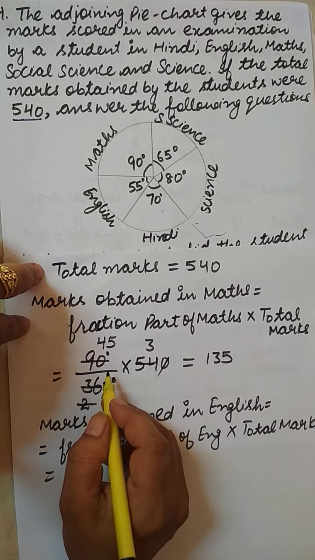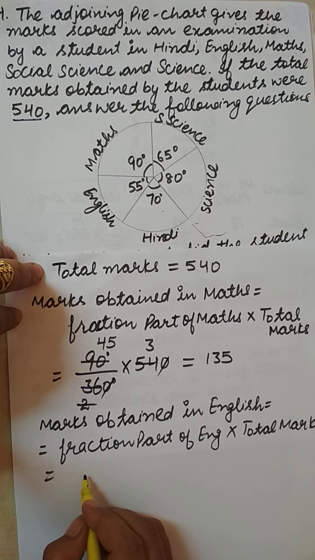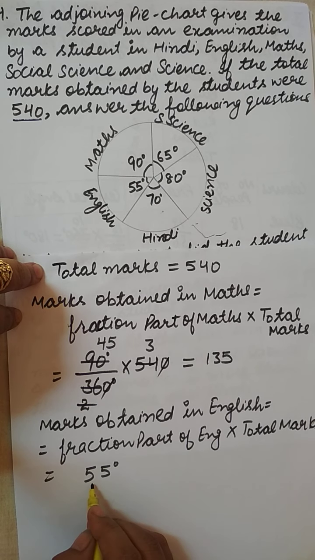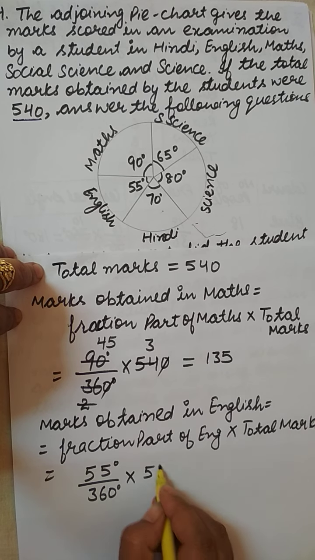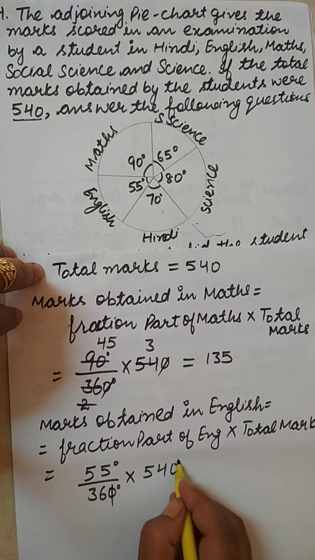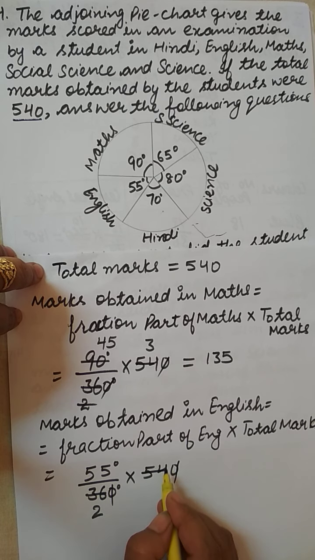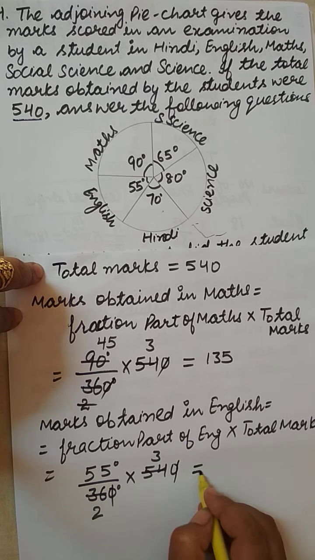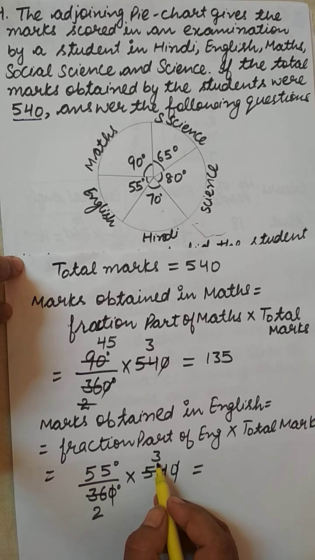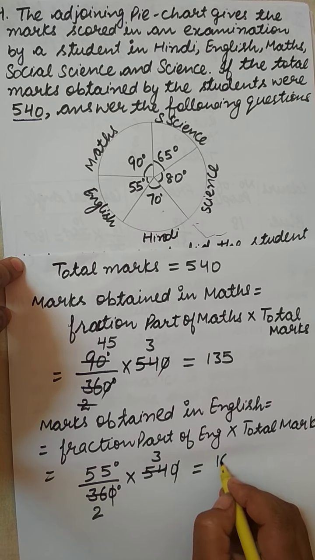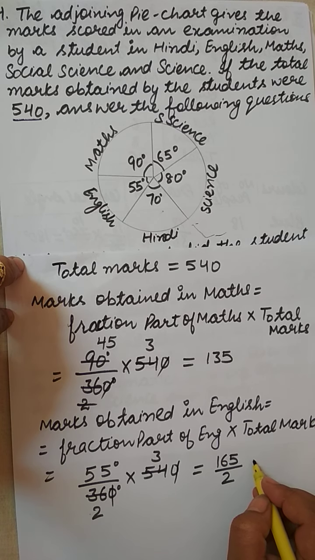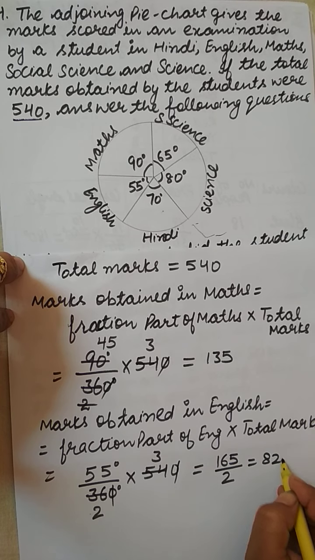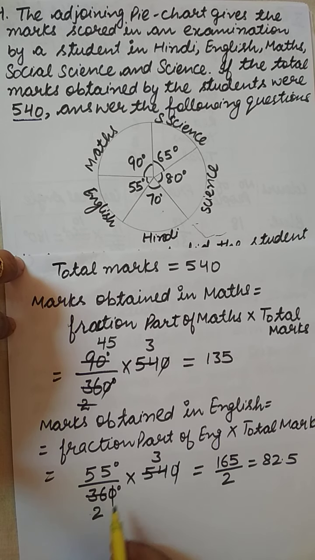Central angle is 55 degrees, so 55 degree divided by 360 degree multiplied by 540. Now 0 and 0 cancel. 18 2s are 36, 18 3s are 54, and 55 multiplied by 3 is 165 divided by 2, which is equal to 82.5. It means the marks obtained in English is 82.5.